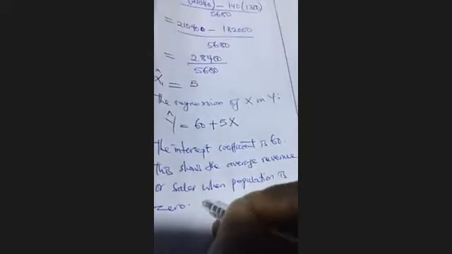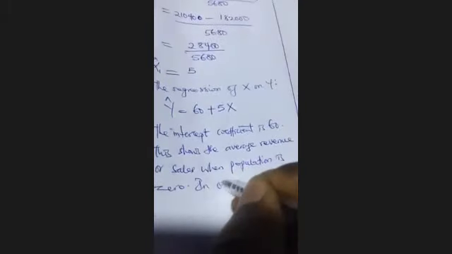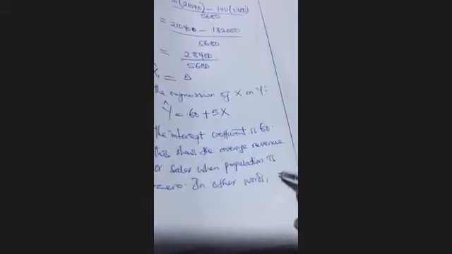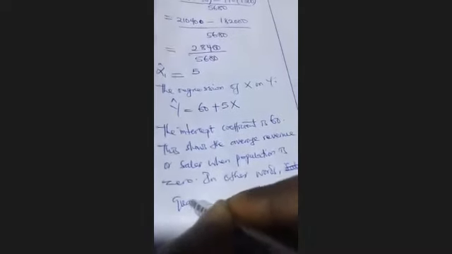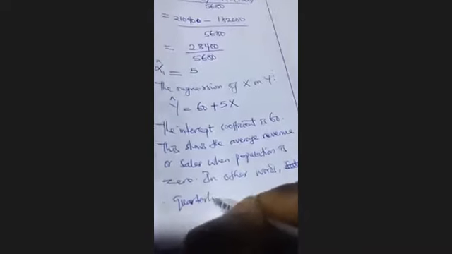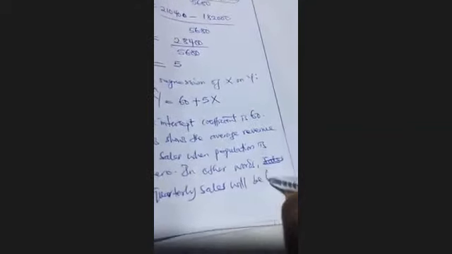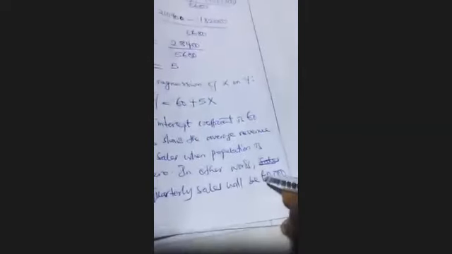Now this is the intercept. In other words, quarterly sales will be 60,000.